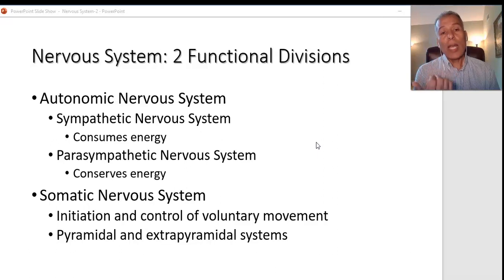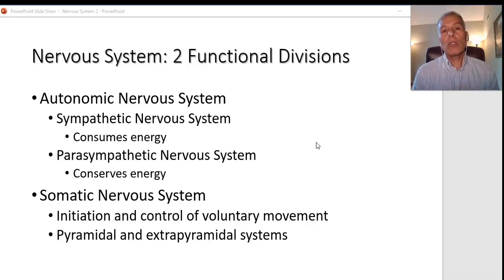So the somatic nervous system has to do with the voluntary control over your movements. Voluntary movement, control and refinement, gross motor and fine motor.